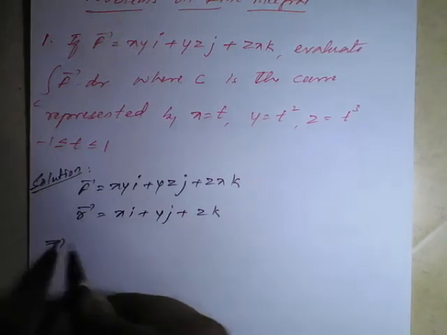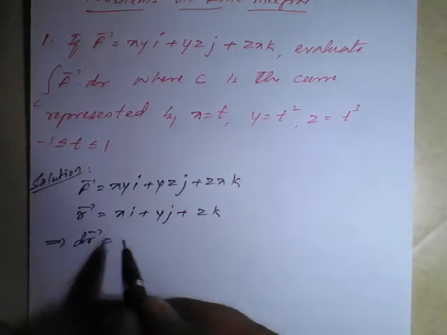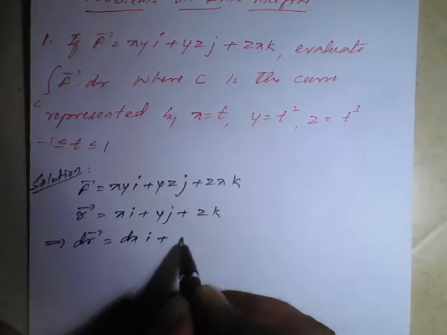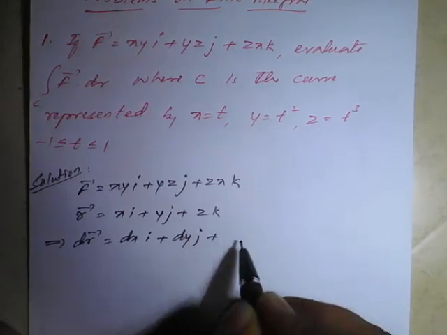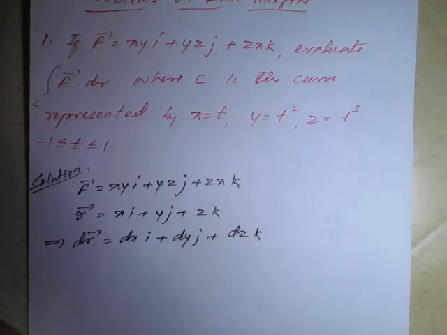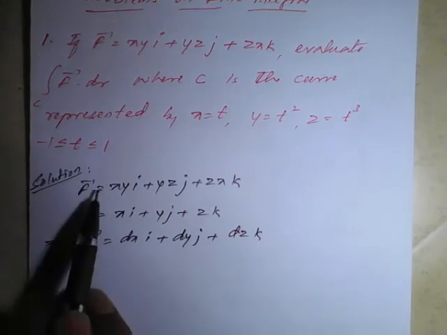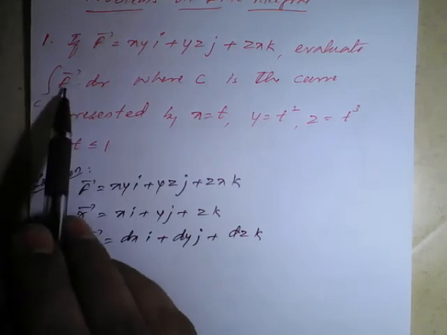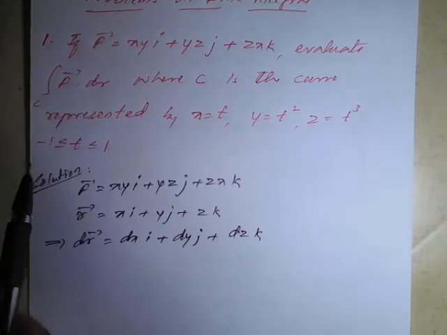So from this we'll get vector dr is nothing but dx i plus dy j plus dz k. So we have vector F and we have vector dr, so we can easily find integration of vector F dot vector dr.